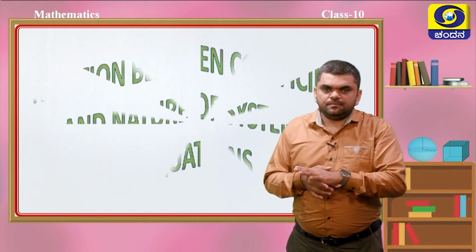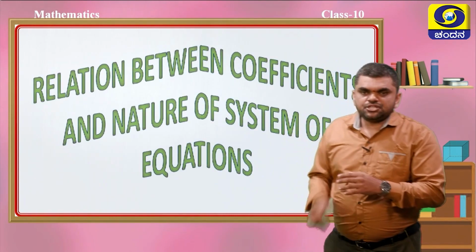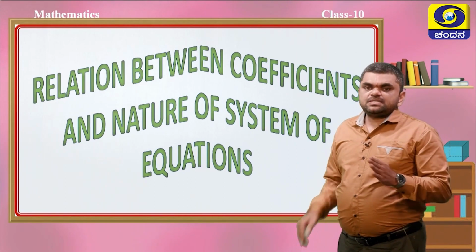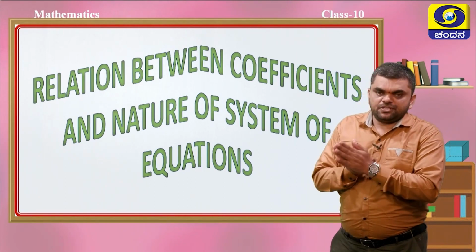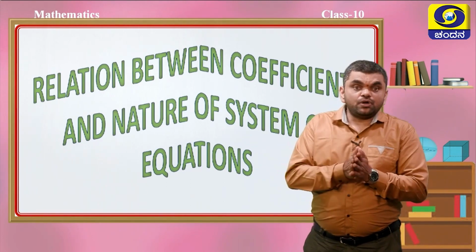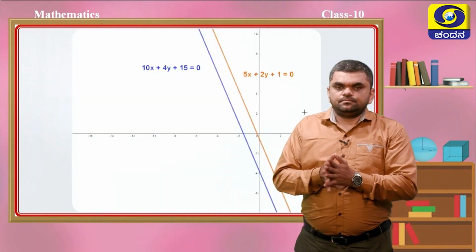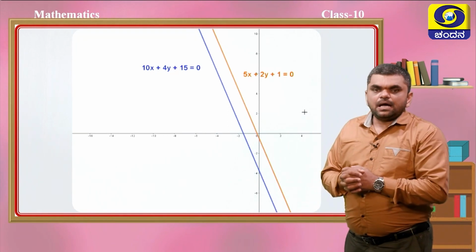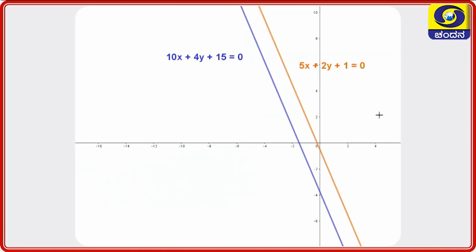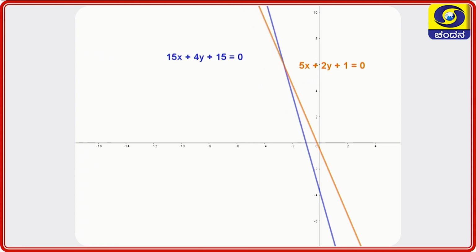Let us see here the relationship between coefficients and nature of system of equations. What is the relation between coefficients and these equations? Children, observe this video. Here the equation of one line, the blue line, is 10x plus 4y plus 15 is equal to 0, whereas the red line is 5x plus 2y plus 1 is equal to 0.